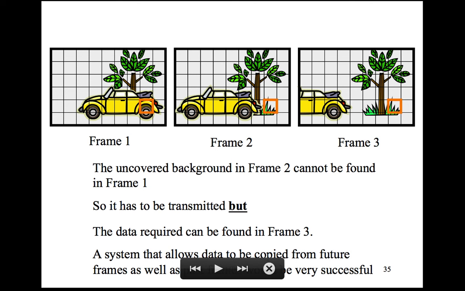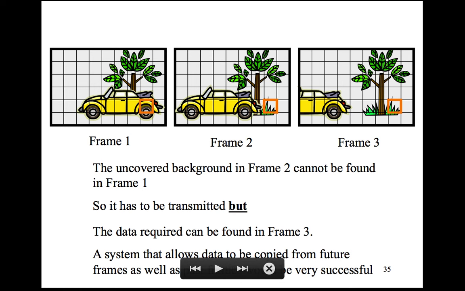But it turns out the exact piece we're looking for is available in frame 3. Did you get me? This is a bit of a head wreck. I find when people learn this, first of all, it takes them a while to figure out what it is I'm saying. Then when they finally understand it, they don't believe it. Then when they figure out the consequences of it, they don't believe it again. It's a tricky one.